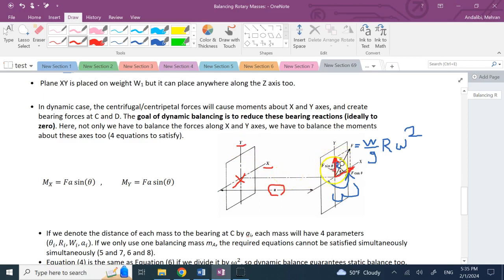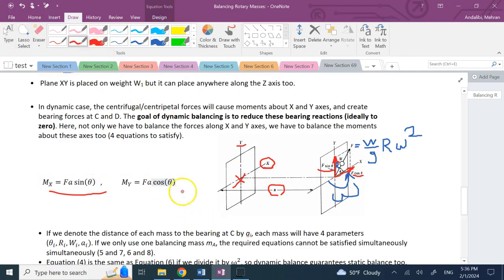This vertical force F sine theta will create a moment about x-axis, which is equal to F sine theta times A. And this horizontal force, which is in a skew situation with the y-axis, will create a moment about y-axis, and that is F cosine theta times A, as seems like I have another thing that needs to be fixed.